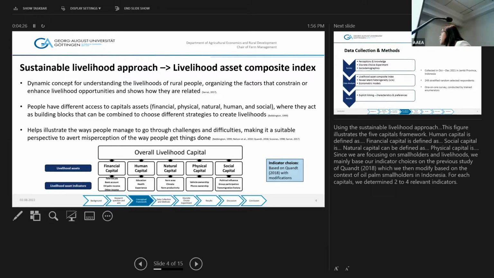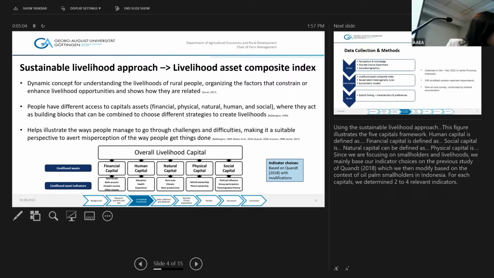We based our framework on the study of Quant, who also studied smallholder farmers in Africa. We created an index for each of the livelihood assets, so every respondent has an index for their financial, human, natural, physical, and social capital. The indicators were based on the study of Quant, but also on our experiences in the field and on the context of the oil palm smallholders themselves.